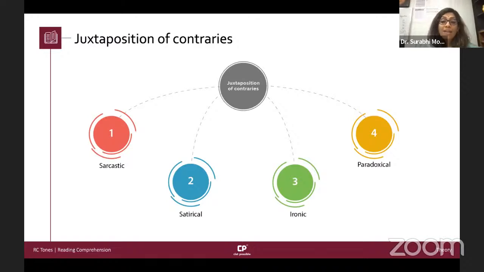So have you understood irony and paradox? Sarcasm plus dislike is sarcastic, not ironical. The other irony we are going to see in figures of speech, that will be the next class.